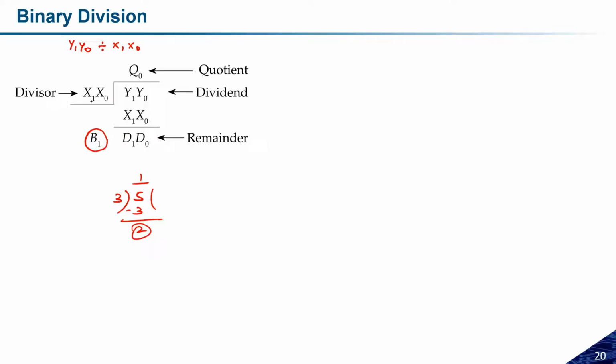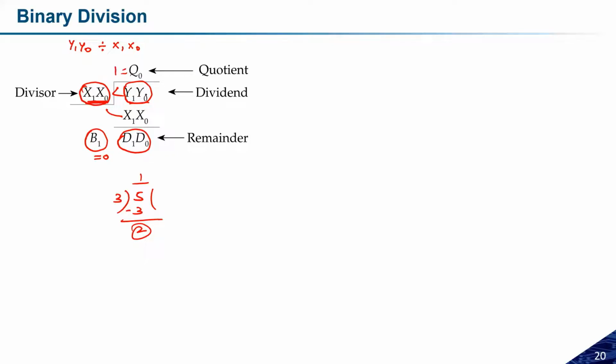One more important thing: if y1 y0 is greater than x1 x0, then I need to subtract it, and I will get the remainder, and the borrow will become 0. If the borrow is becoming 0 and this particular number, x1 x0, can be perfectly subtracted from the y1 y0, it means q1 should be 1.